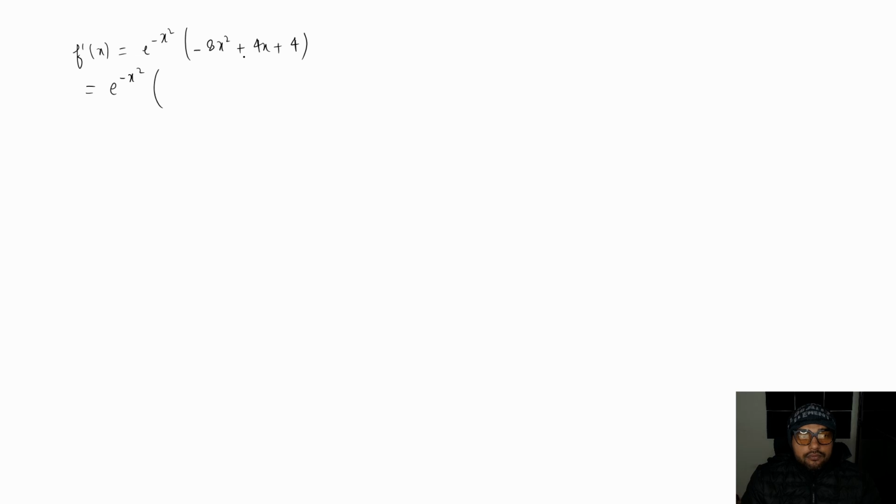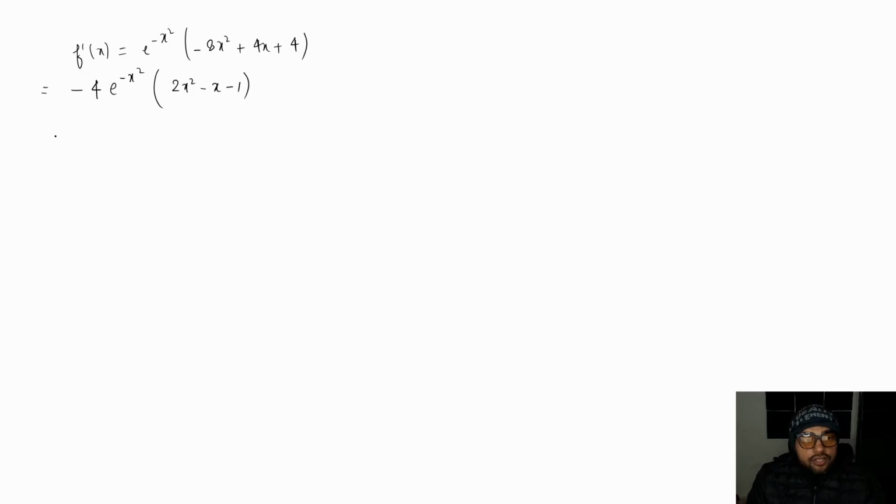So what we can do more here, we can take negative 4 common here. So we are left with the term 2x² minus x minus 1.